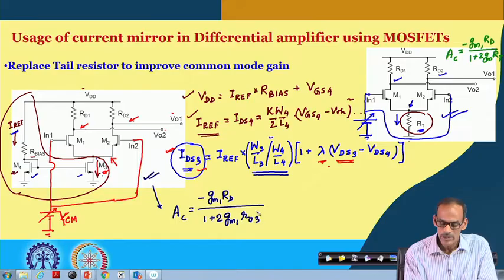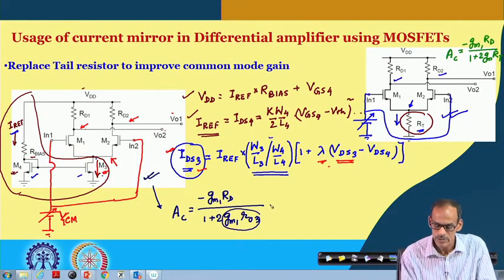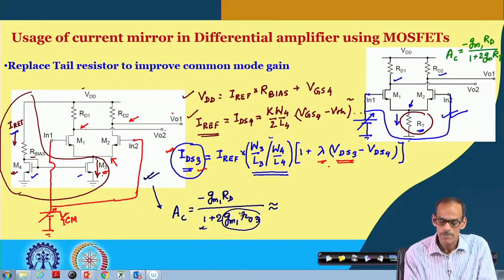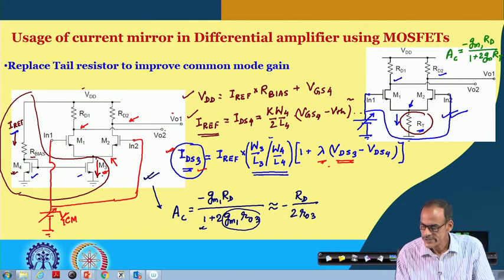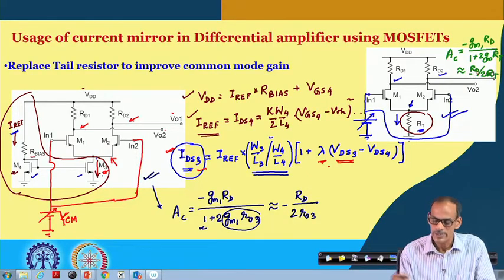We can well approximate this by dropping the 1, and then the expression becomes R d divided by 2 times R O 3, whereas for the previous circuit it becomes R d divided by 2 times R t, of course with a minus sign.